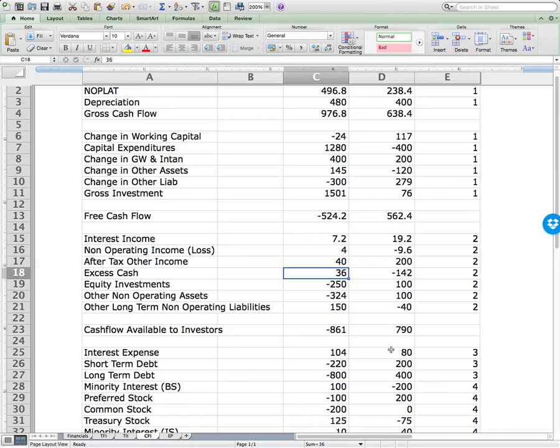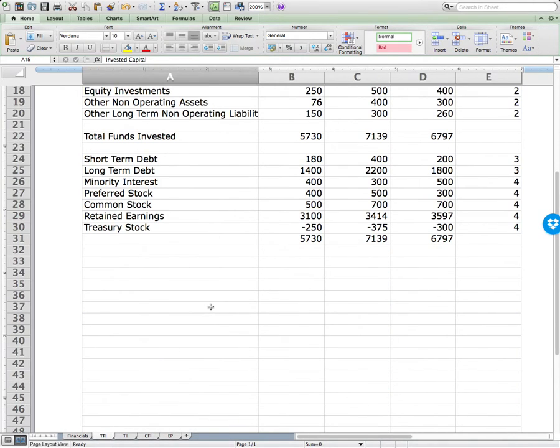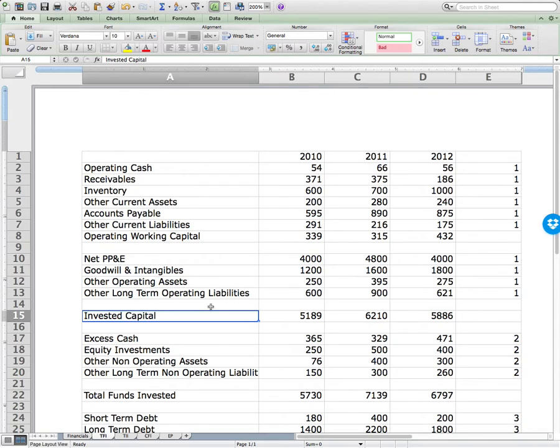They did what? They took cash out of their savings and they put it into checking so that more cash became available to investors. Okay, so if we go over here to our TFI, we should expect our excess cash balance to go down.